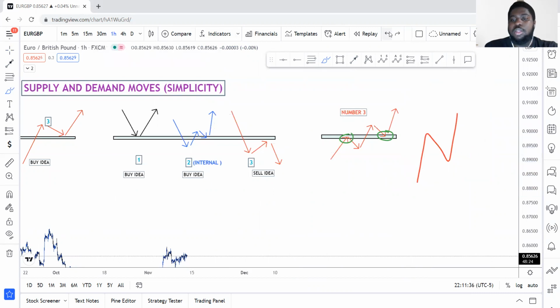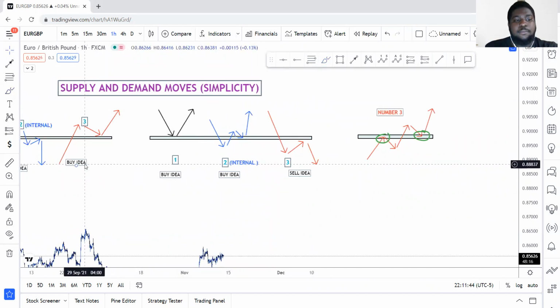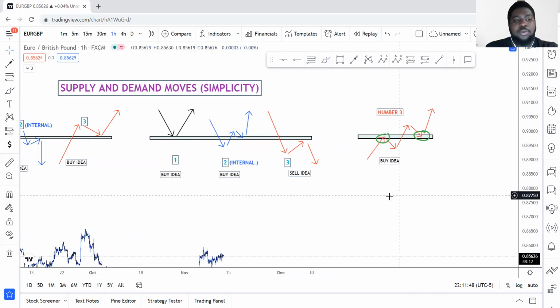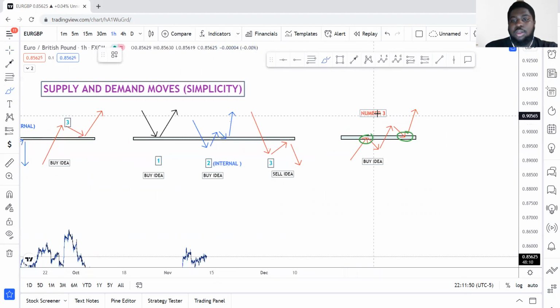So this number three is just an example of a buy idea, right? This would be a buy idea example. Number three here and number three here is the same thing. I'm just showing you something you could also expect.